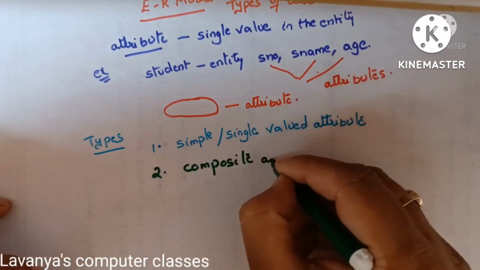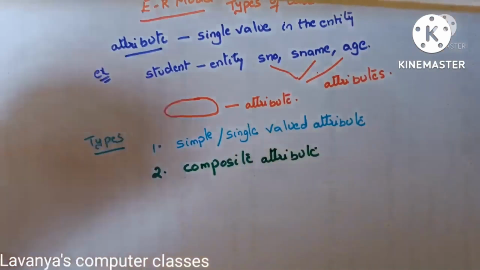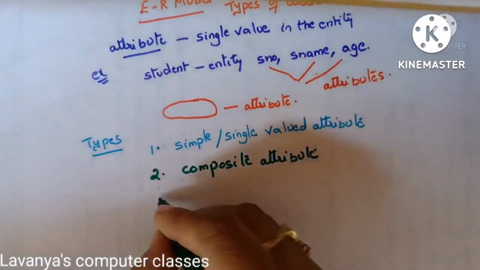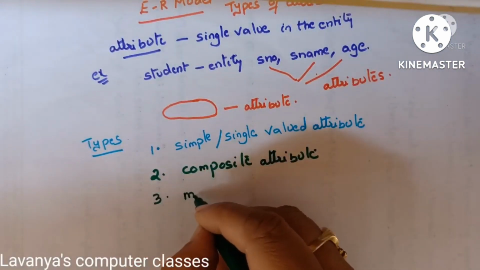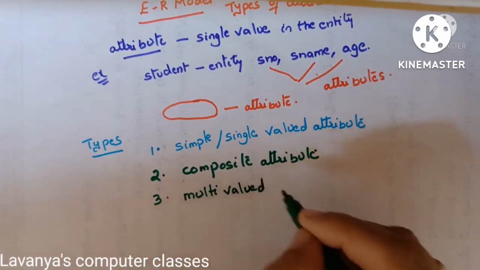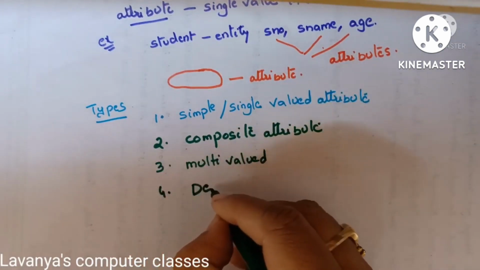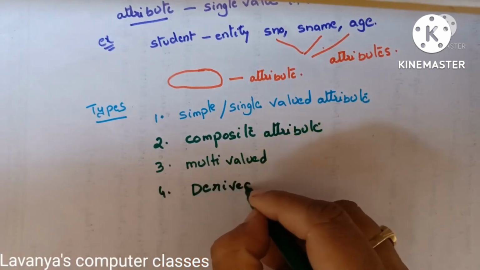These are the different types of attributes. First one is simple or single valued attribute. Second one is composite attribute. Third one is multi-valued attribute. The opposite of single valued is multi-valued attribute. Fourth one is derived attribute.